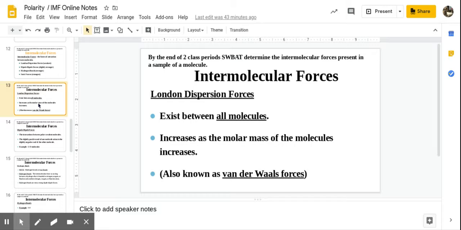So at any given time, the electrons could all be on one side of the atom or the other side of the atom. So when we think of atoms, I'm doing a very basic atom here. When we think of atoms, we think of like a perfect circle. I'm not even going to try to draw a perfect circle because you all know from the last video, it's not going to happen. So we think of them as a perfect circle.